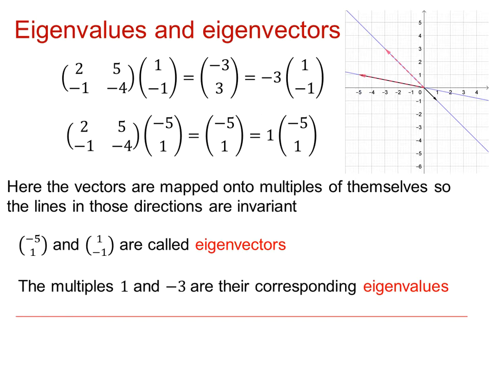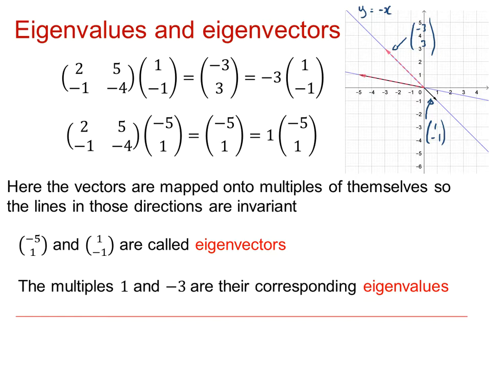Here we see that again with the multiplications firstly, and then a graph showing the effect. The original vector (1, -1) is mapped onto the vector (-3, 3), but obviously in the same direction. This in fact is the line y equals -x.